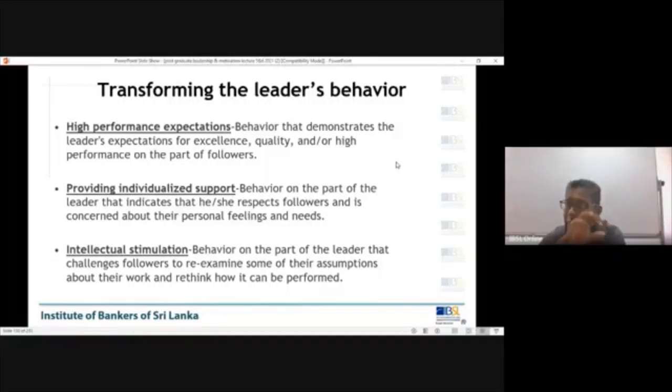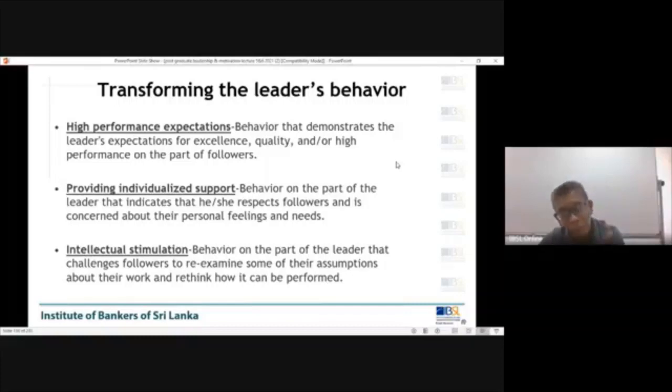Now, if you really look at it, some of these points you may gather from the previous theories. A little while ago, we discussed John Adair's action-centered leadership. There, one of the factors the leader needs to consider is the individual aspects, right?